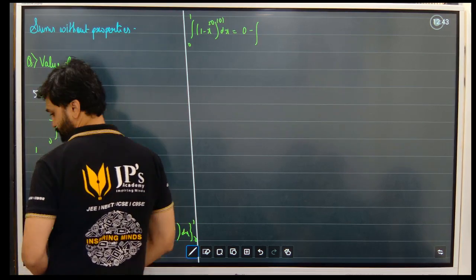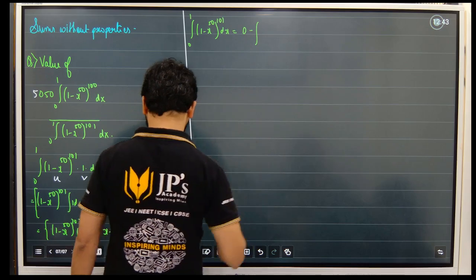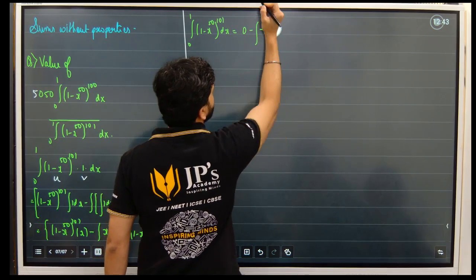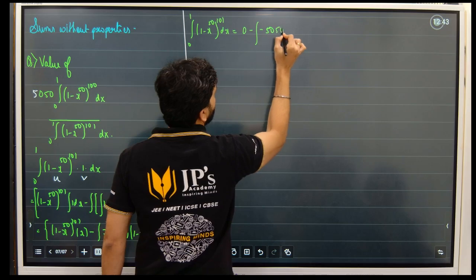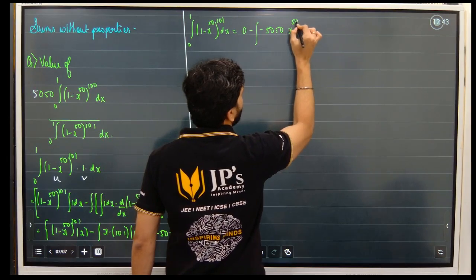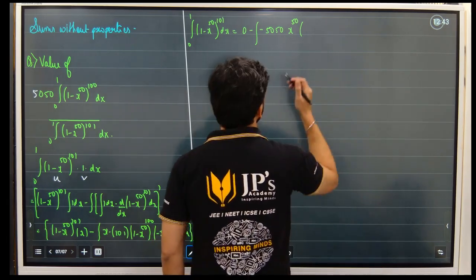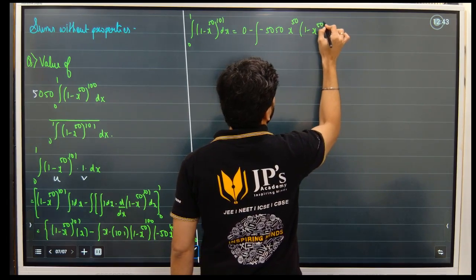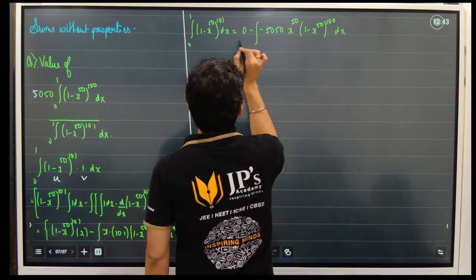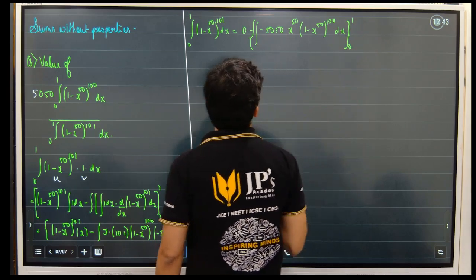So what I get is, this is minus, the minus stays outside, so minus 5050 integration of x raised to 50 into (1 minus x raised to 50) raised to 100 dx. And look, there is no tension about the first part, so I can put a curly bracket here from 0 to 1.